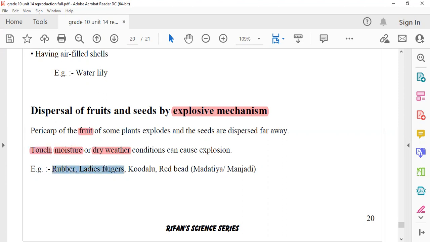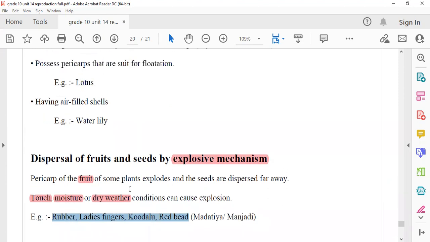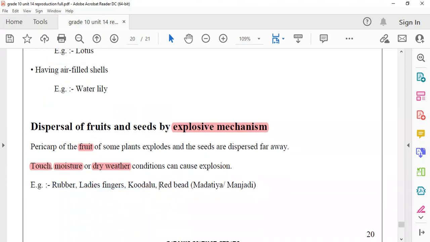Rubber, lady's finger, koodalu, red beet are examples for the explosive mechanism. Remember, red beet we already pointed out is for the animals. So one plant can adapt more than one dispersal mechanism.